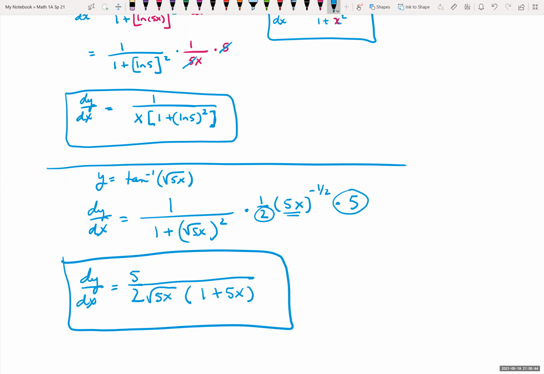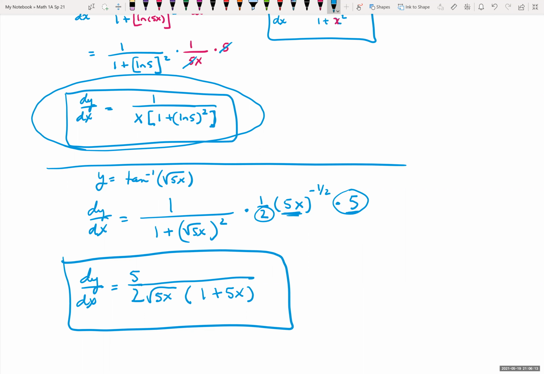Sorry, Professor, is that like 5x? Oops, it's 5, but the derivative of the inside is just 5, right? No, I mean the one you have solved above, the one that has ln 5x. This one? Yes. Is that just 5x?